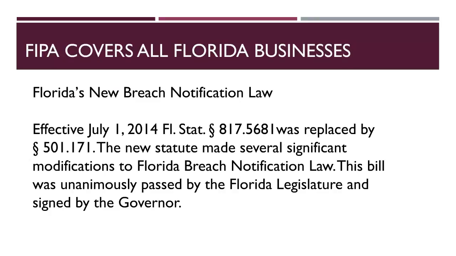The Florida Information Protection Act went into effect July 1st of 2014, so make sure that you are up on this. If you're in a state outside of Florida, make sure to check your local state's HIPAA or breach notification rules to ensure that you are not also under additional breach notification requirements.